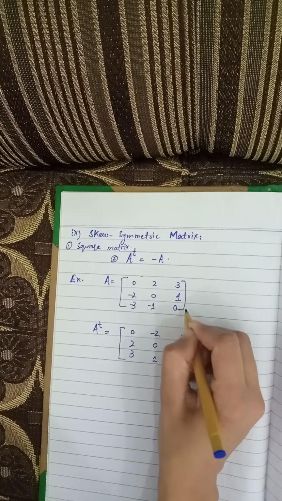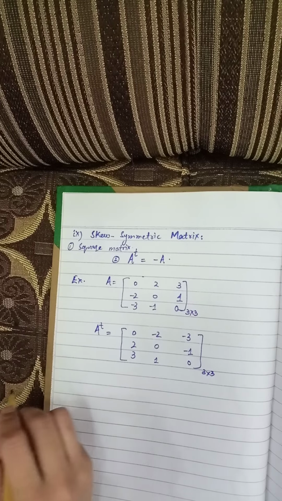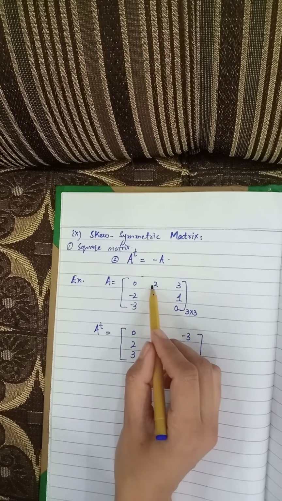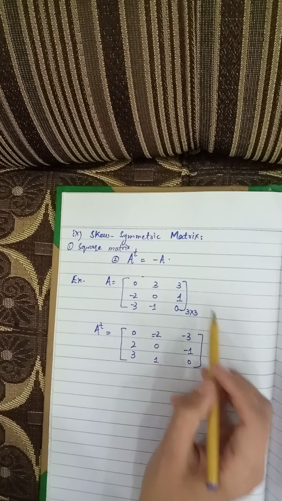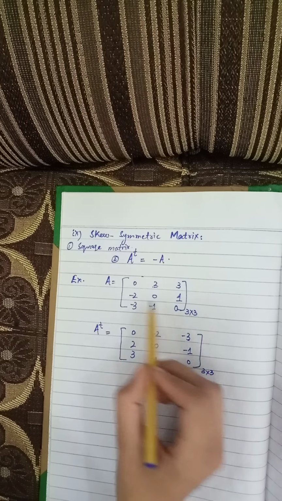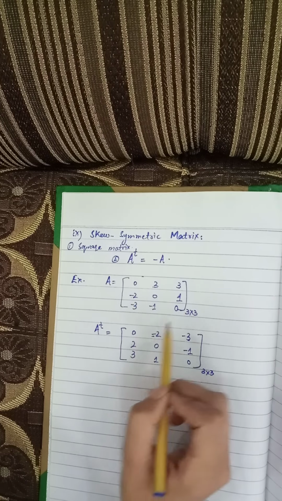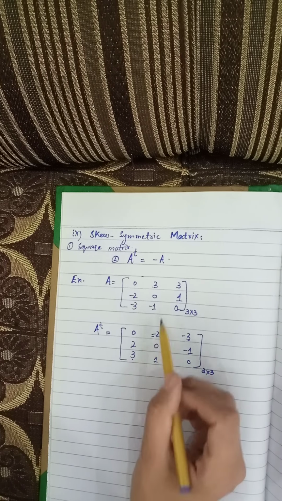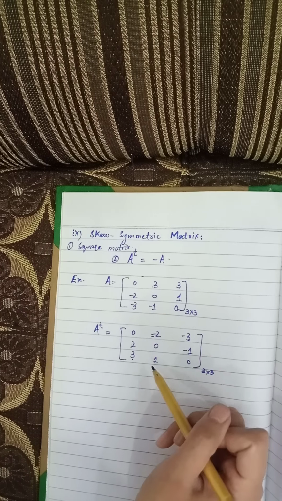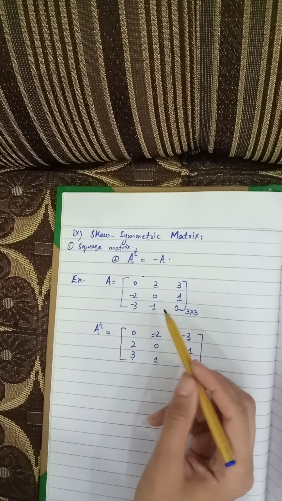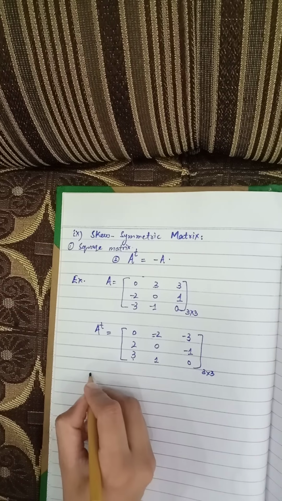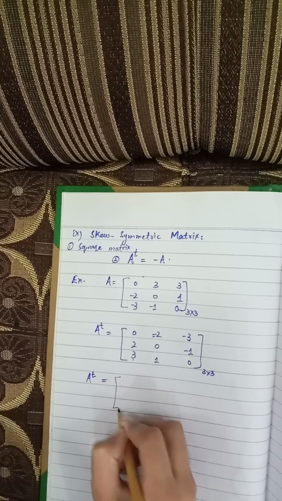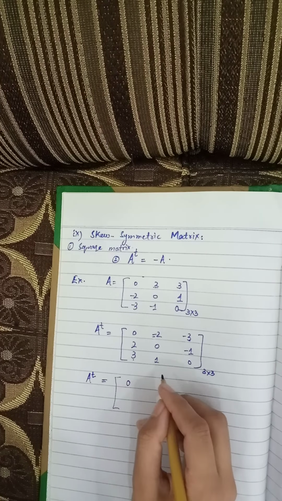It's a 3 cross 3 matrix, and there is a difference. It's 2, but it's minus 2, it's 3, and it's minus 3. In the second row, minus 2, 2. 1, minus 1, minus 3, plus 3, minus 1, 1. So if we see there is a difference between the signs, how can we make it skew symmetric? Let's check it out.